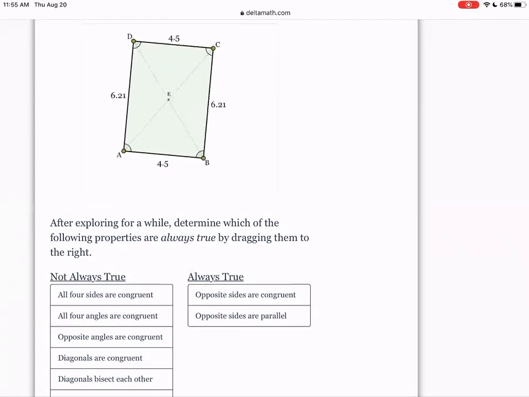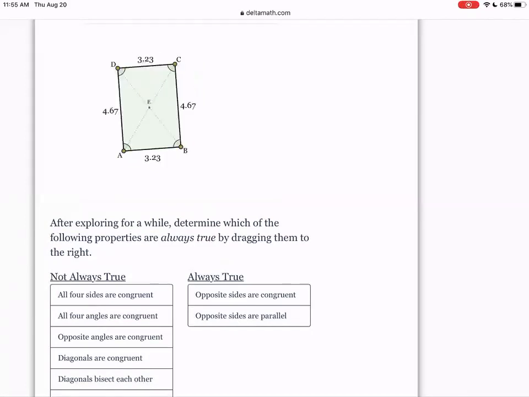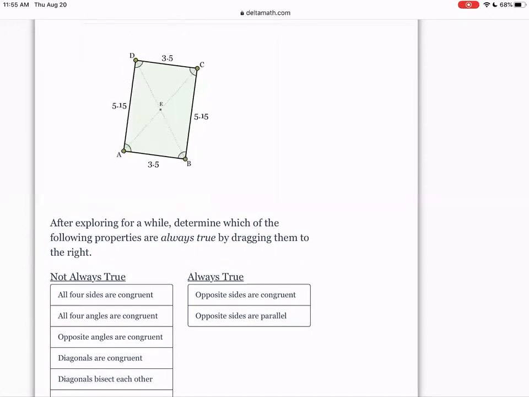Is this a square? Rectangle? It's a rectangle. In a rectangle, are your four angles congruent? You can look at the notes paper, or switch screens for a second. Maybe it's hard to switch screens. In a rectangle, all four angles are always congruent.